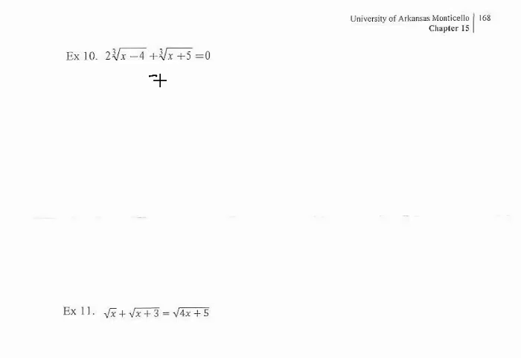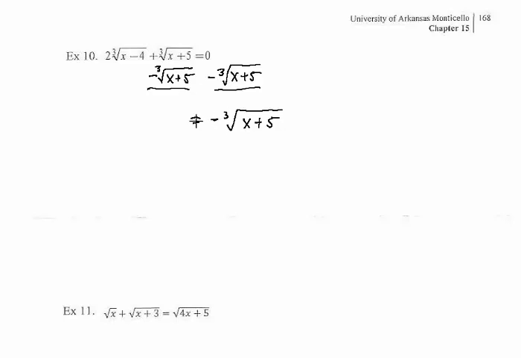We'll follow the same procedure and move one of the radicals to the opposite side of the equation, just like this. So 0 minus cube root of x plus 5 just leaves us with minus cube root of x plus 5 on the right.